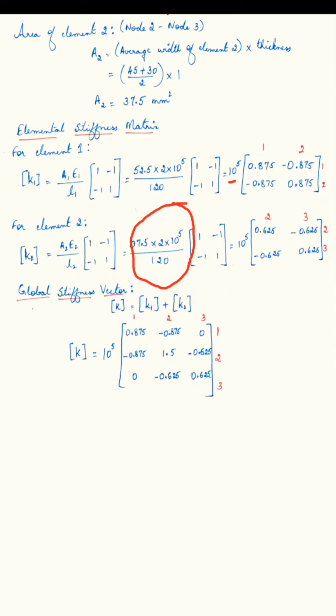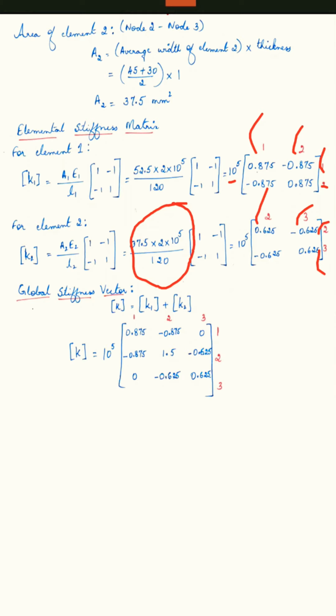For element 1 there are two nodes, node 1 and node 2, so the degrees of freedom for node 1 and node 2 I have denoted by the red color numbering 1 2 1 2. For element 2, the degrees of freedom are for node 2 and 3, and I have mentioned them in the stiffness matrix. Now for the global stiffness matrix, since we have 3 nodes, the stiffness matrix will be a 3 cross 3 matrix.